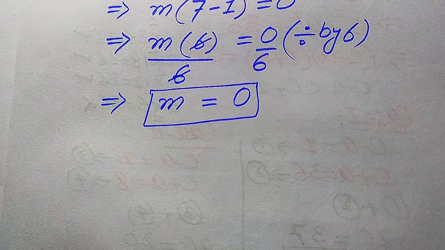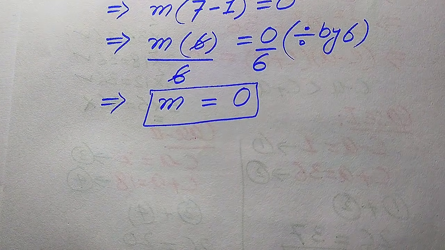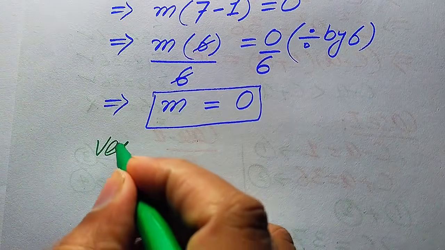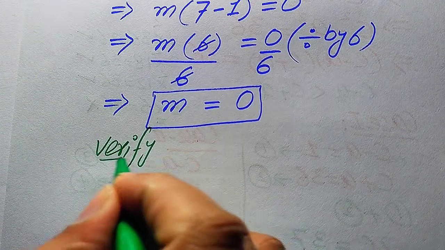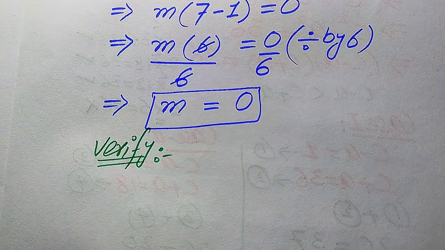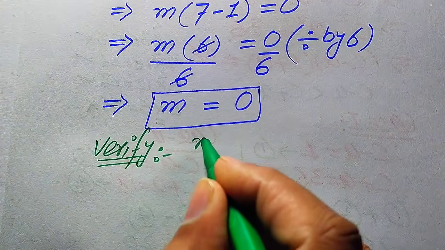But in the next step, we need to verify which of the values are solutions and which of the values are extraneous roots. And now at the last, I can explain the difference between solution and extraneous root. Further, for verification of this value, we need to copy down the given question statement.